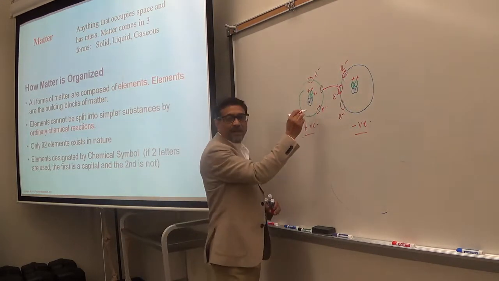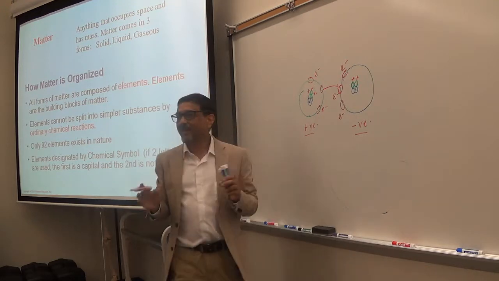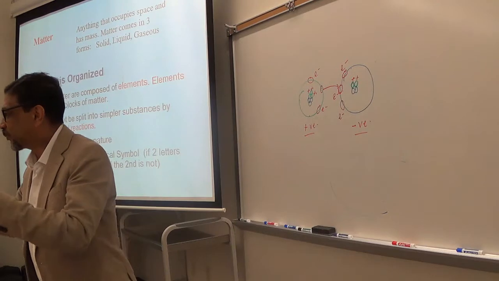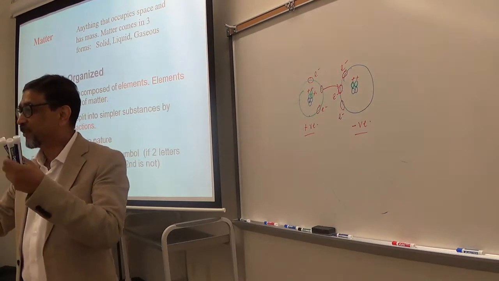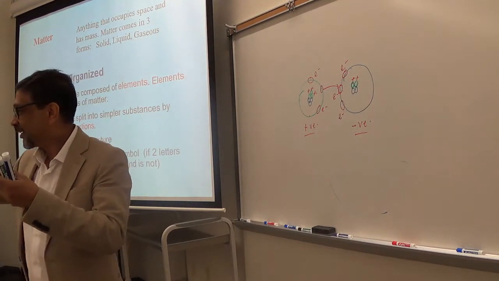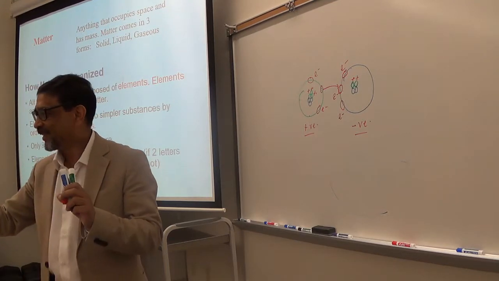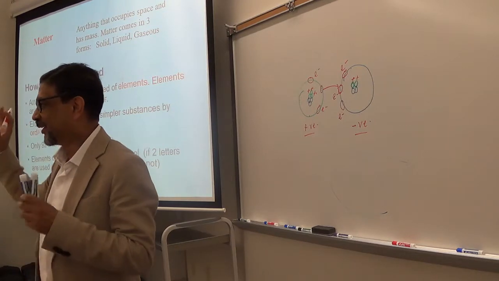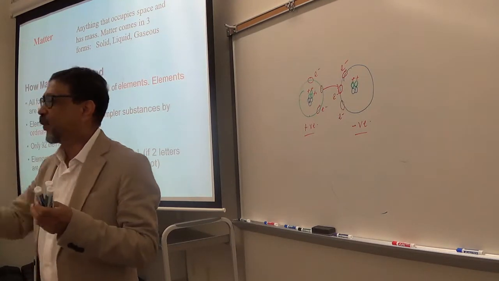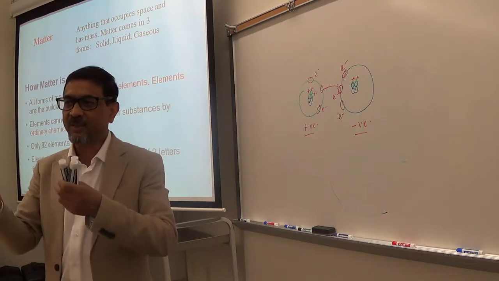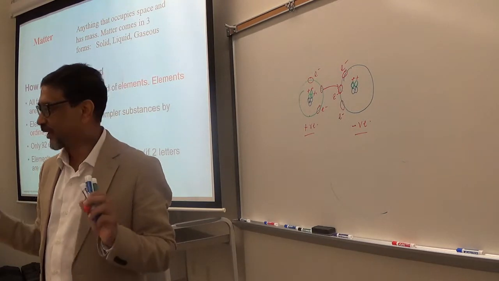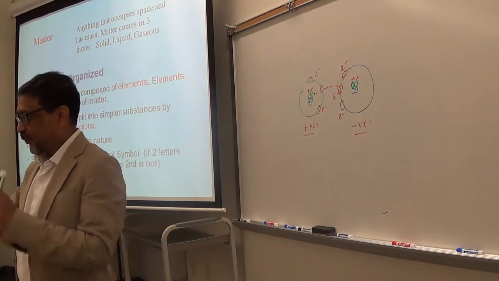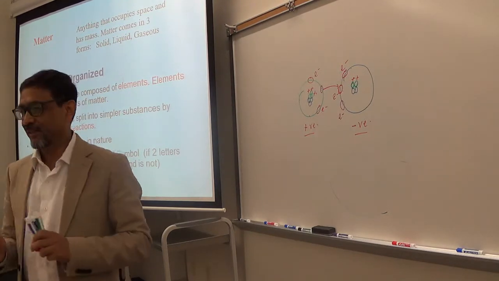And when an atom loses an electron, it becomes what? Positive or negative? Positive. Makes sense because negative is getting out, right? So it will become positive. And when an atom gains an electron, it becomes negative. So this process is called ionization.